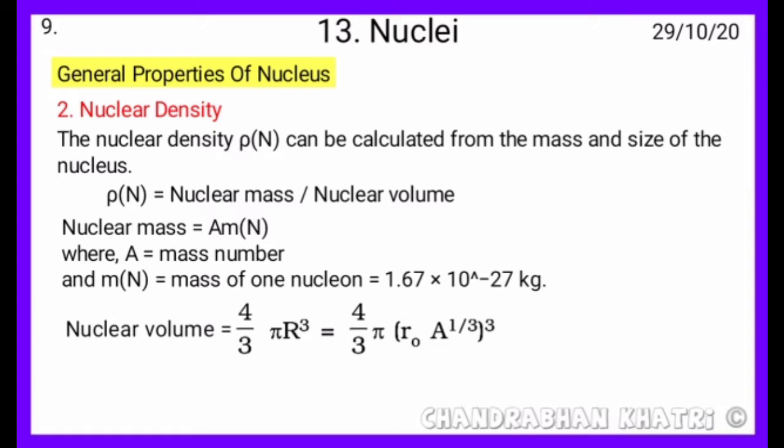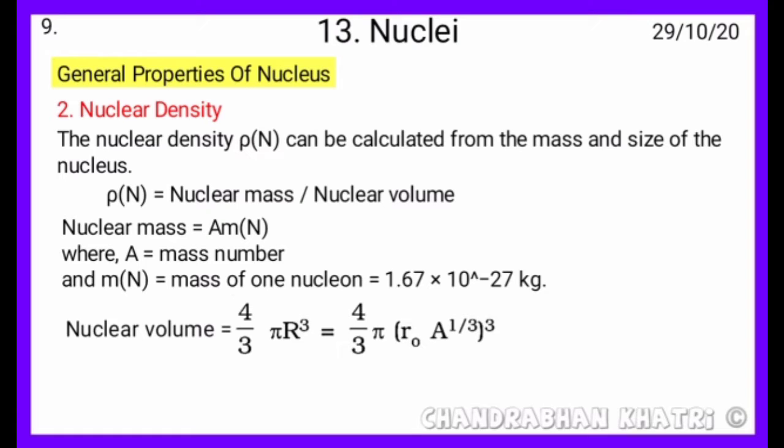Nuclear mass is equal to A into Mn, where A is mass number and Mn is mass of one nucleon. That one is equal to 1.67 into 10 to the power minus 27 kg. Nuclear volume is equal to 4 by 3 pi capital R cube.